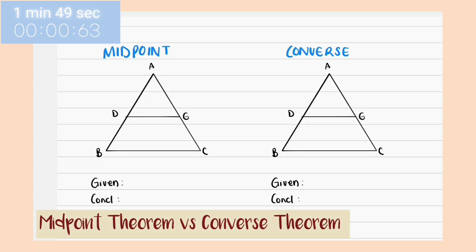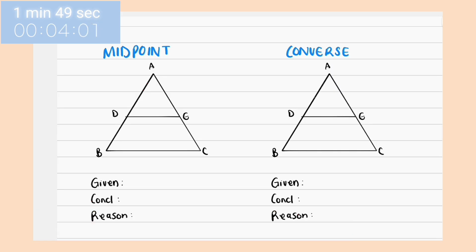Okay, so with theorems, and even with this particular theorem, the main thing that differentiates theorems is what have you been given and what do you have to conclude with what you have been given. So it's the same thing with the midpoint theorem and the converse. With the midpoint theorem, it depends on what you have been given. So the actual midpoint theorem, you have to be given the following.